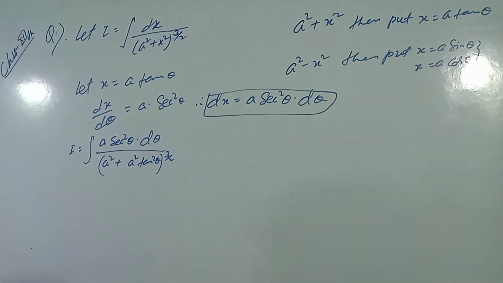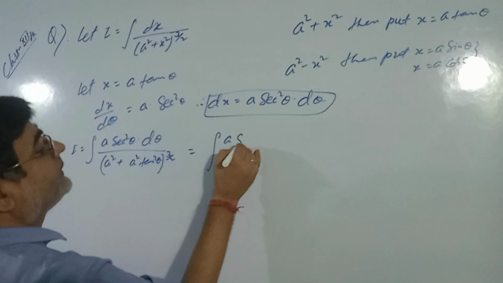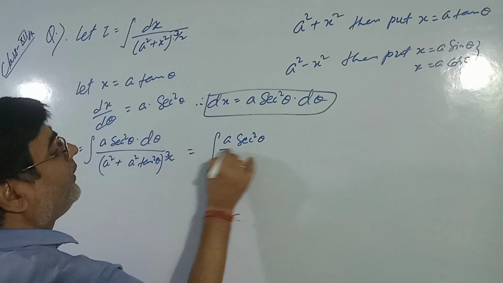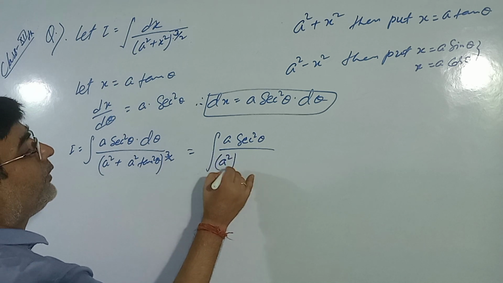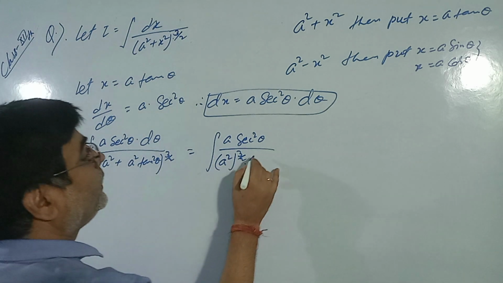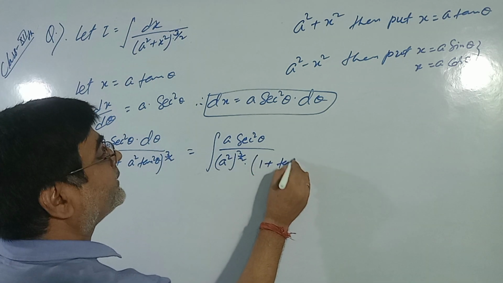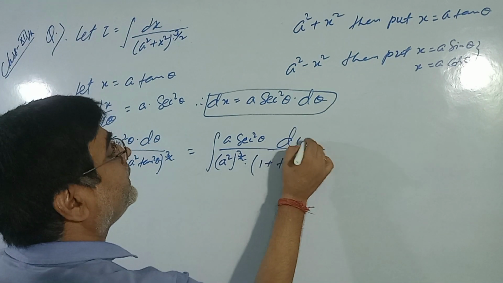Right, students? So simplify that: a square is common, a square whole to the power 3 by 2 into 1 plus tan square theta whole to the power 3 by 2 d theta.